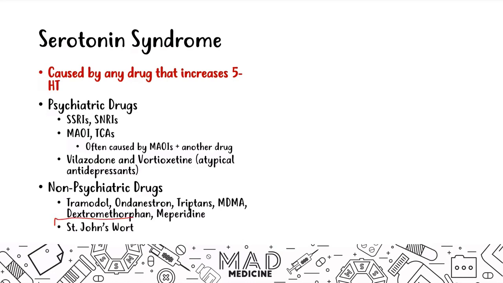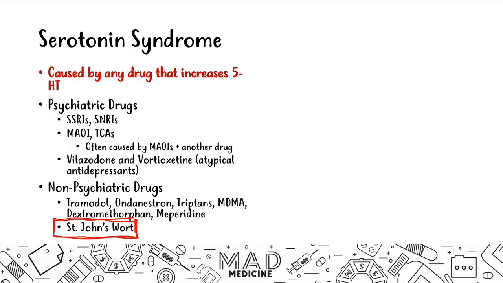I highly recommend you remember this, because when I was studying for Step 1, I didn't know what St. John's wort was. I think it's a herbal supplement used to decrease, I want to say, inflammation and pain, but it can lead to increased levels of serotonin. It's a natural substance, so make sure you remember St. John's wort leading to an increased level of serotonin.